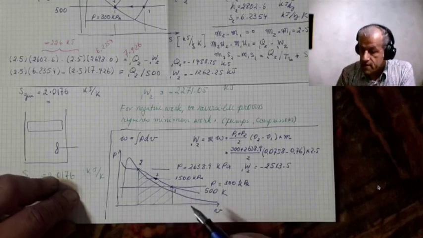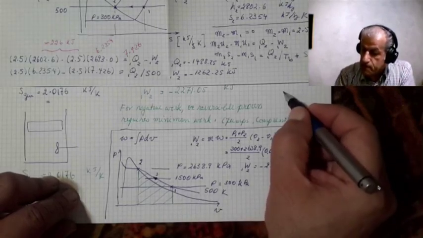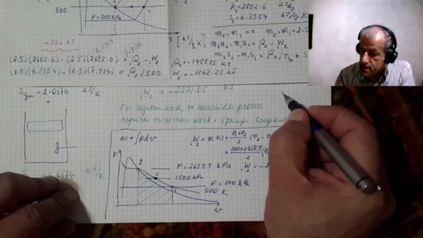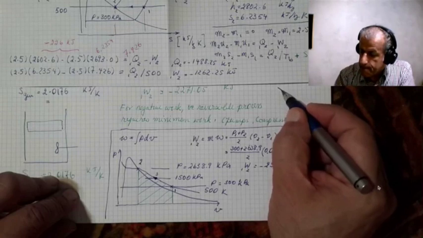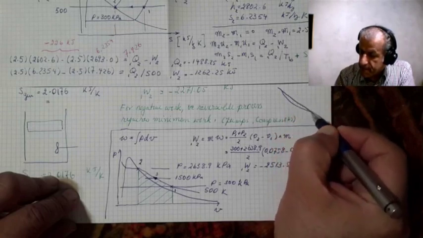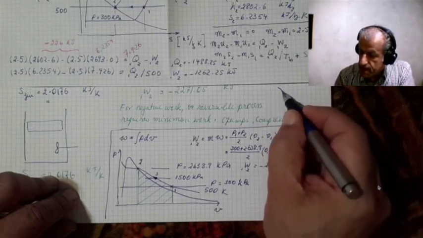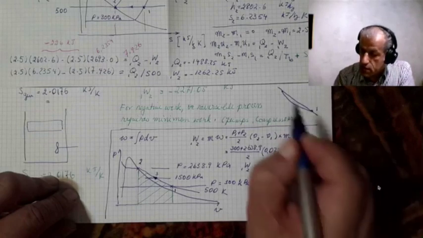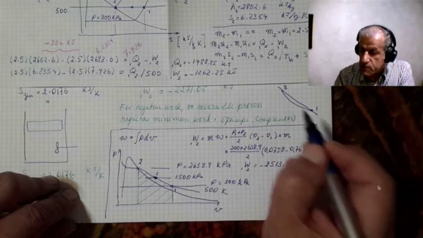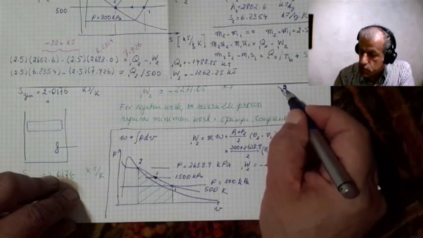So basically, instead of approximating a curve with a straight line, what I did, this is 1, this is 3, this is point 2.